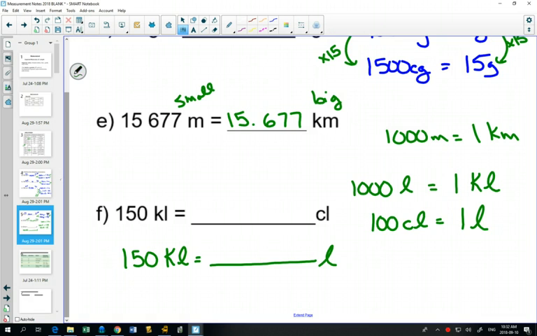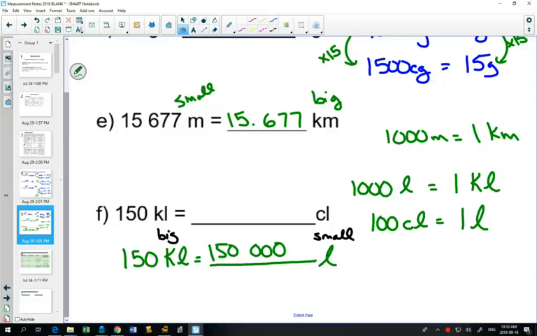And again, this is your big one, this is your smaller one, and so we're going to need a lot more of the smaller one to make them equal. So I'm going to multiply by 1,000, and I have 150,000 liters. And so I know that 150 kiloliters is 150,000 liters.